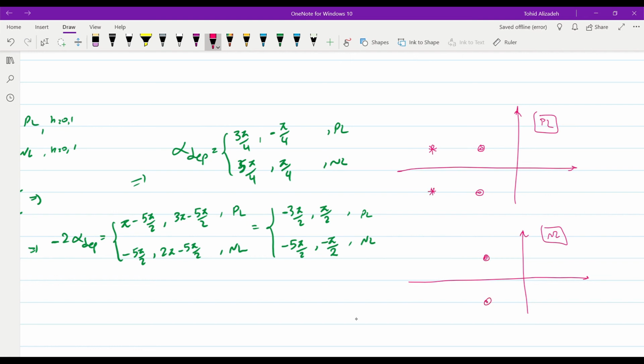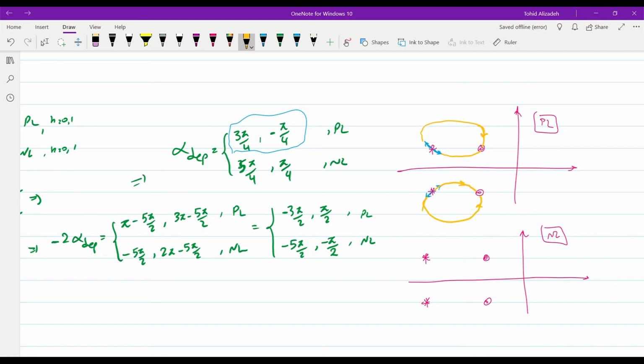For the positive locus, the angle of departure will be 3 pi over 4 and minus pi over 4, so we will have this angle and this angle for the departure of the branches from the poles. Basically, if you complete the drawing, it will be somehow like this. It will be something similar to that.